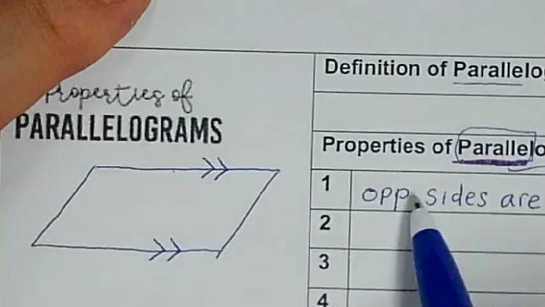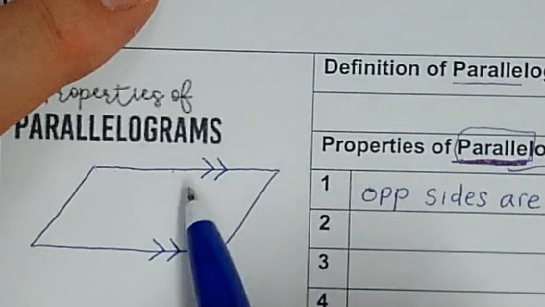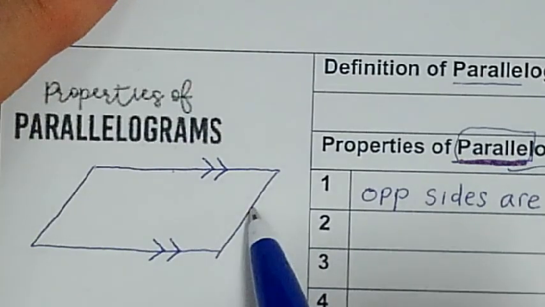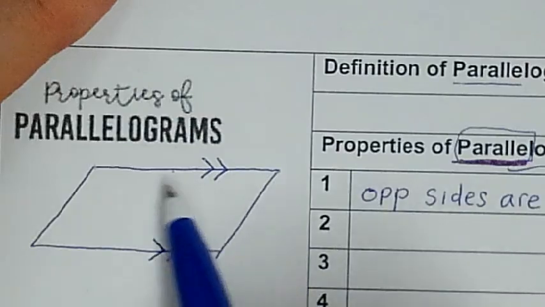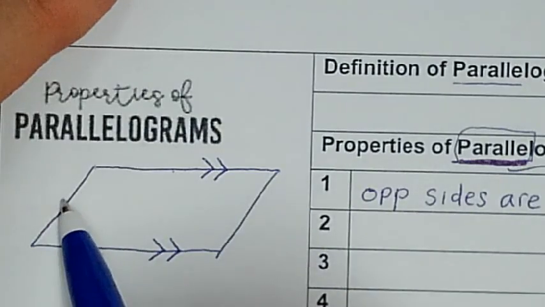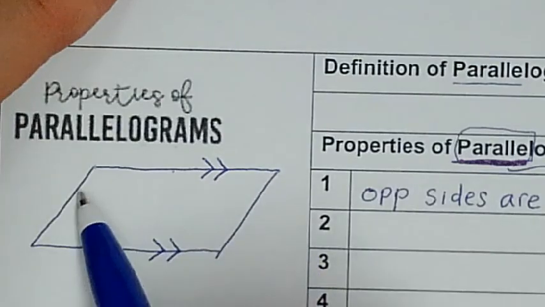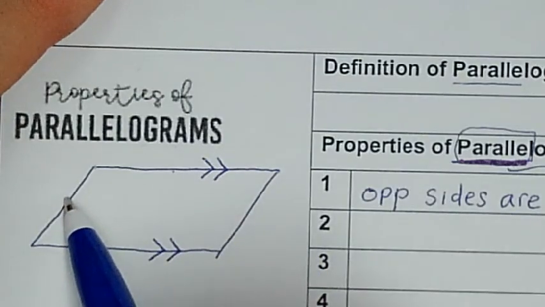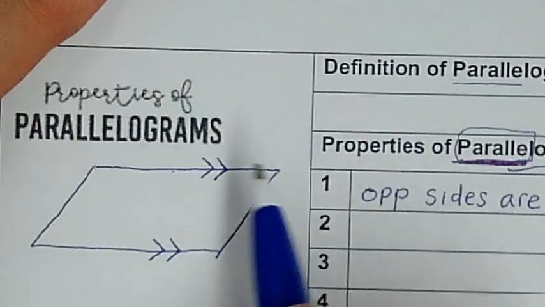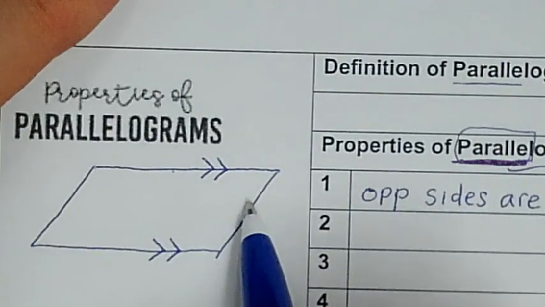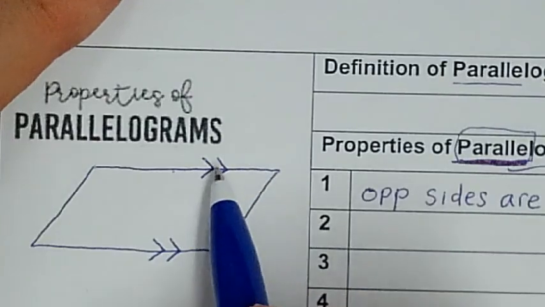If it says opposite sides are parallel, not only is the top parallel to the bottom, but guess what? The left side is parallel to what? Opposite sides are parallel. What is the left side parallel to? Yeah, what is the opposite side of the left side? The right side. Now, if I want to show that these two sides are parallel, what can I use? I'll give you a clue.